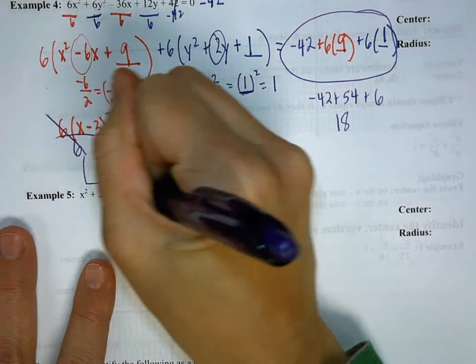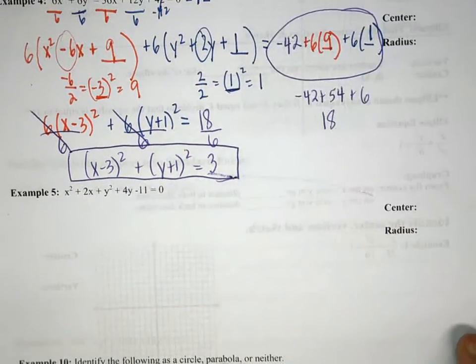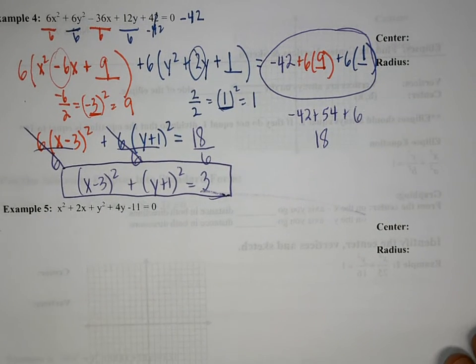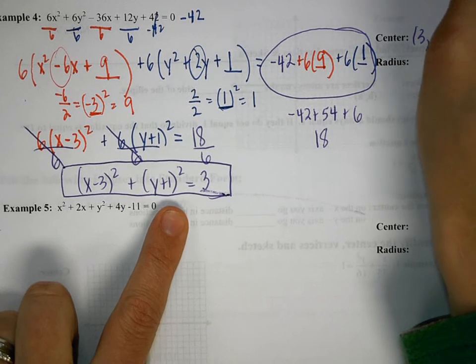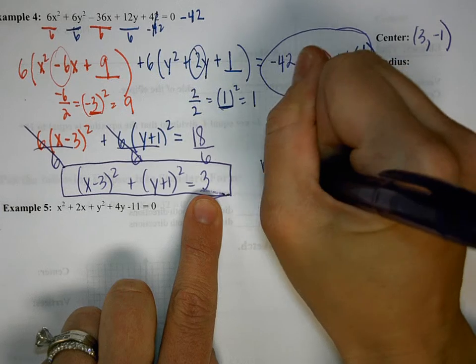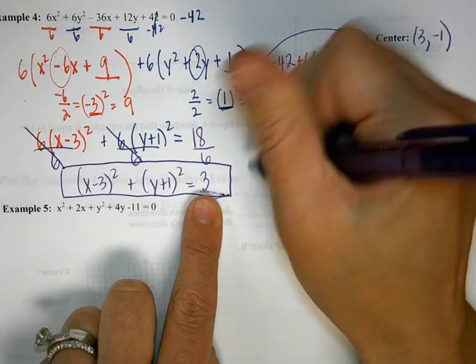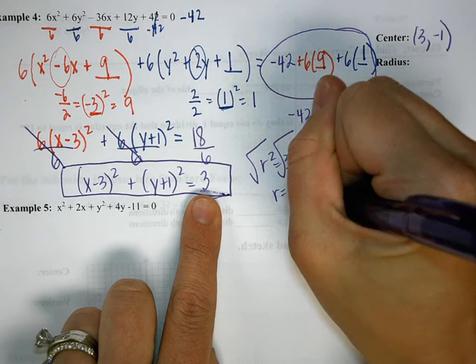So now I have my equation written in descriptive form. My center for this problem, again, we always take the opposite of the parentheses, so that will be 3 comma negative 1. And my radius, if we set this up, r squared equals 3. In order to find the radius, we take the square root of both sides, so r equals the square root of 3.